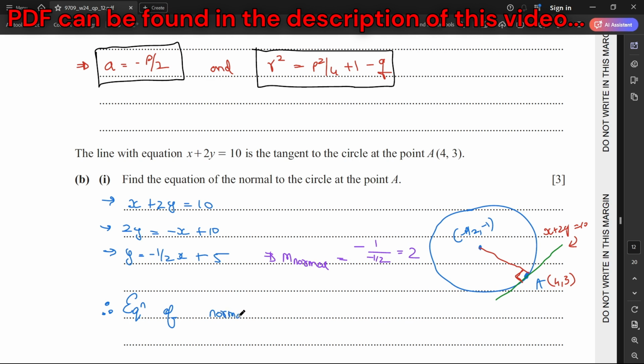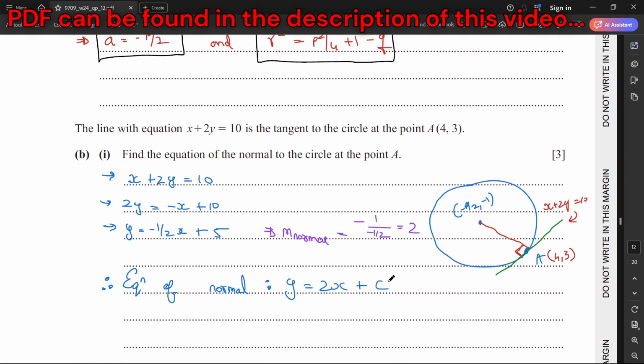The equation of the normal is going to become y = 2x + c, where 2 is the gradient, and we just need to find the value of c by substituting x as 4 and y as 3. That is where it's going to become 3 = 2 times 4 is 8 + c. From here we can clearly make out the value of c is coming out to be -5.